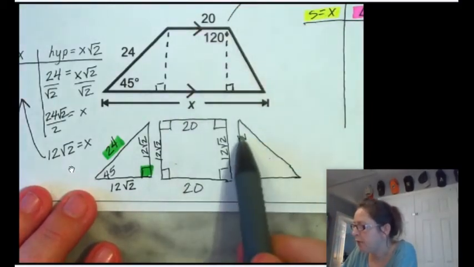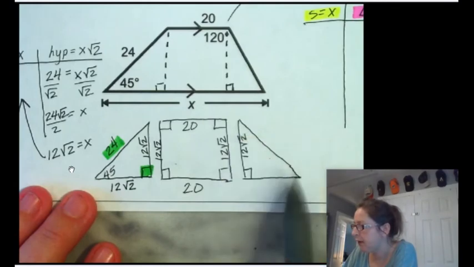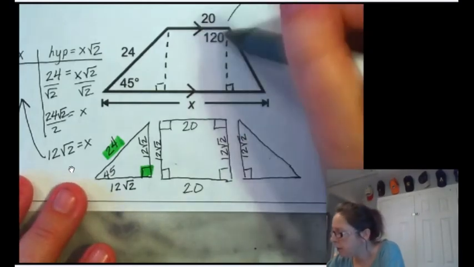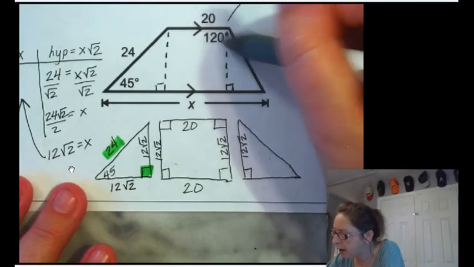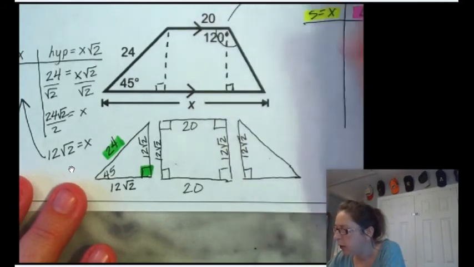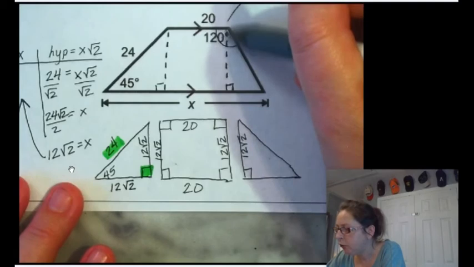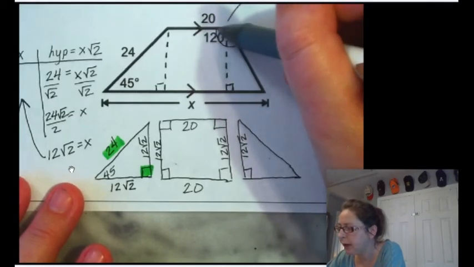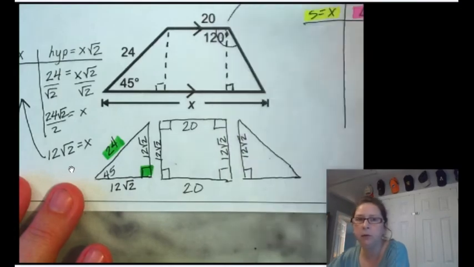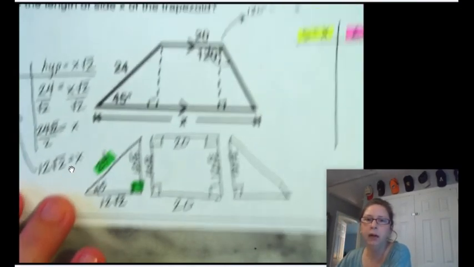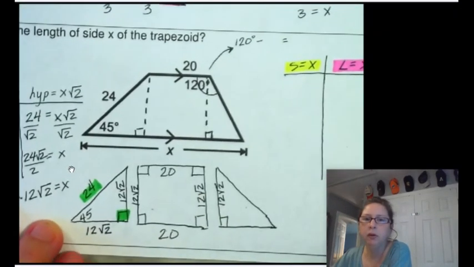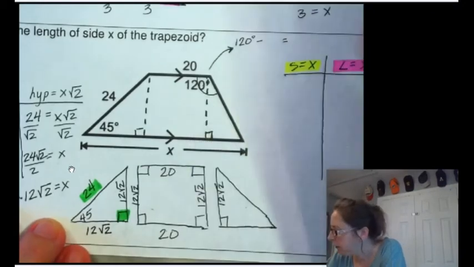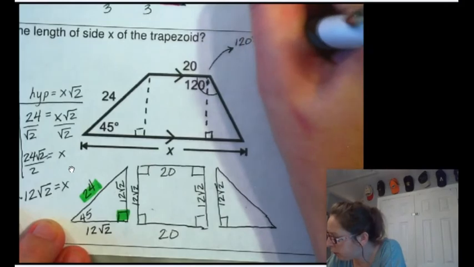But are these 45, 45 or are they 30, 60? Here's how I need to figure this out. This whole angle was 120. Well, when I created an altitude, I took away 90 degrees by creating this right angle. So let's do 120 minus the 90-degree angle.